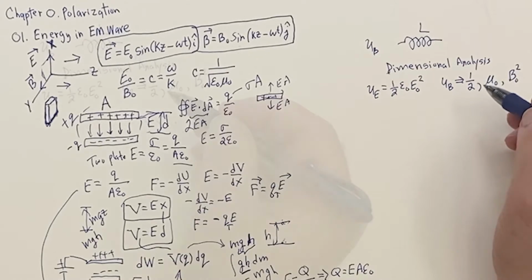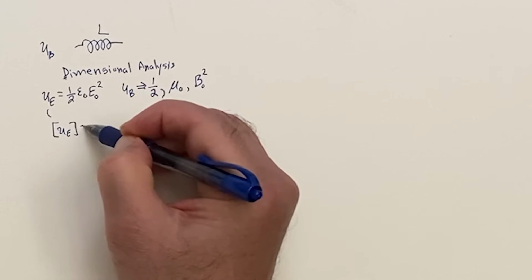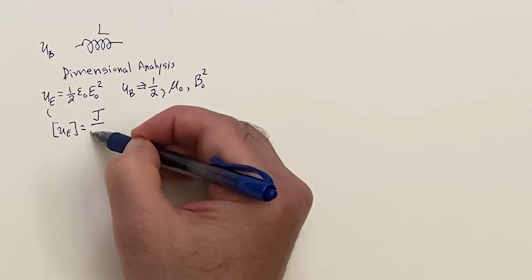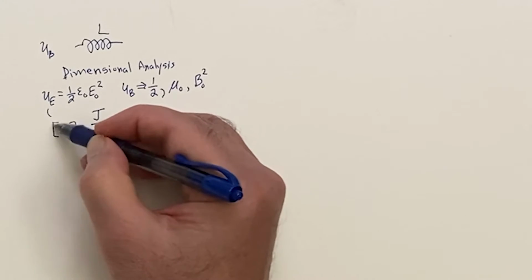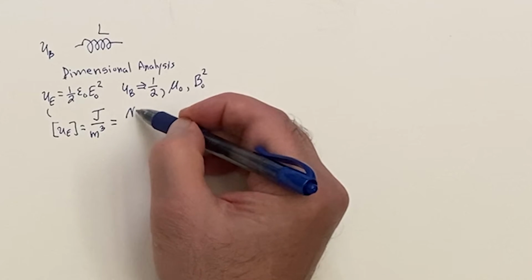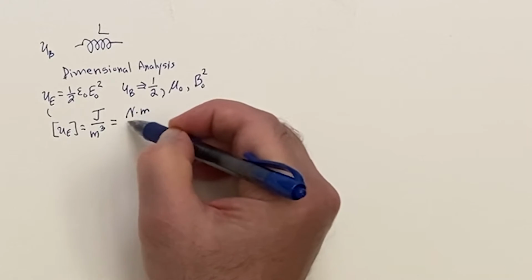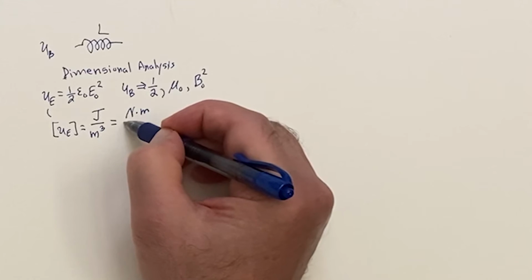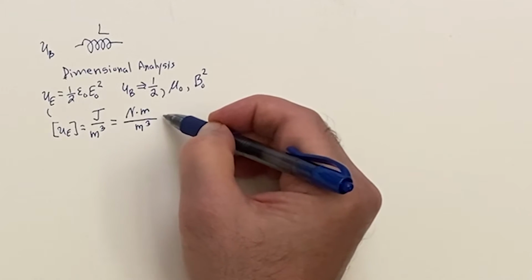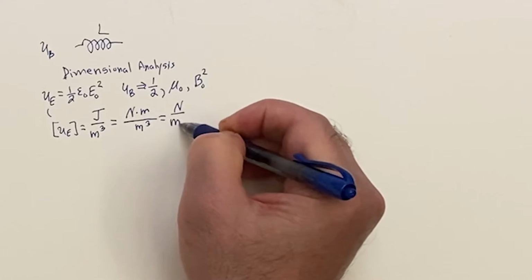So what is the dimension of this energy density? Well, that's going to be energy, joules per cubic meter. Joules, I remember, is force times distance. That's work. That's the easiest way for me to break it down. That's Newton meter. Newton meter is your joules. And then if you divide by the cubic meter, this is what you need.